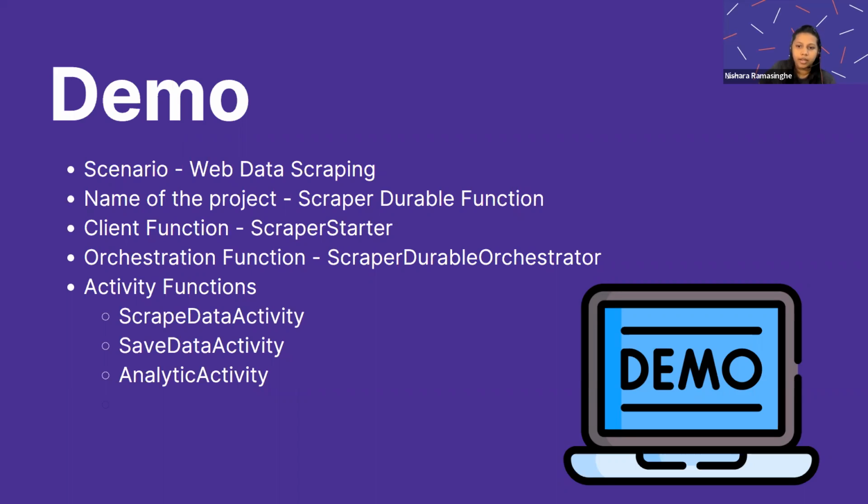I named this demo ScraperDurable function. Here we are going to use one orchestrator function which defines the workflow, then three activity functions: as I mentioned, a scrape data activity, a save data activity, and for the analyze part, another activity. So let's move into the demo.